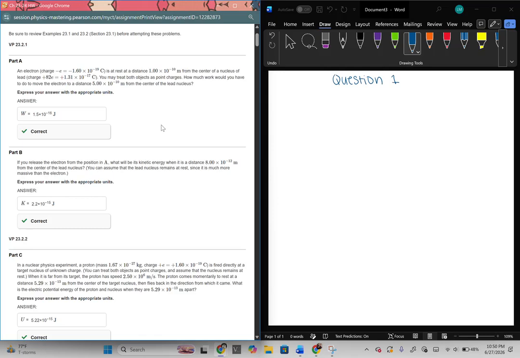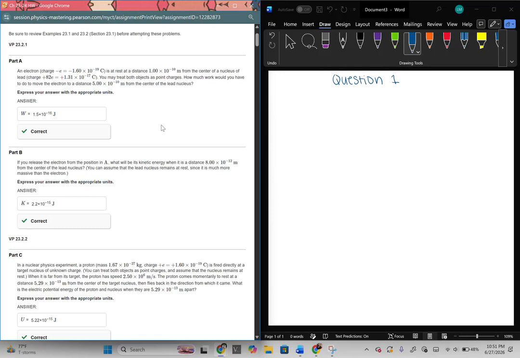The charge of that nucleus is given. You may treat both objects as point charges. How much work would you have to do to move the electron to a distance of 5.00 times 10 to the power of negative 10 meters from the center of the lead nucleus?